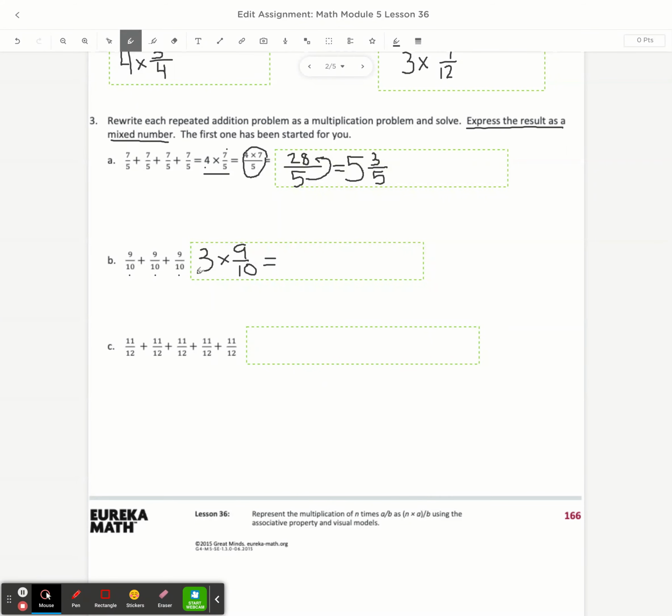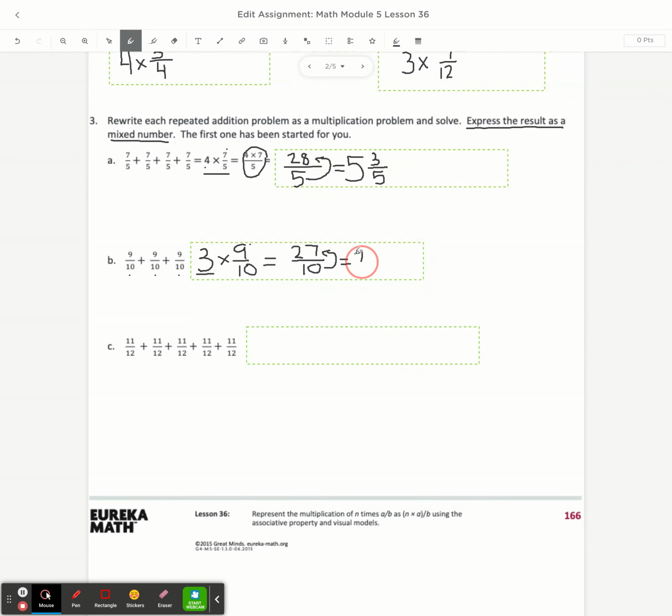Now we're going to multiply our whole number times our numerator. So 3 times 9 is equal to 27. And the denominator just stays the same. So now we have 27/10, which is an improper fraction, so we have to change it to a mixed number. I'm going to start off by seeing how many times my denominator goes into my numerator. 10, 20.